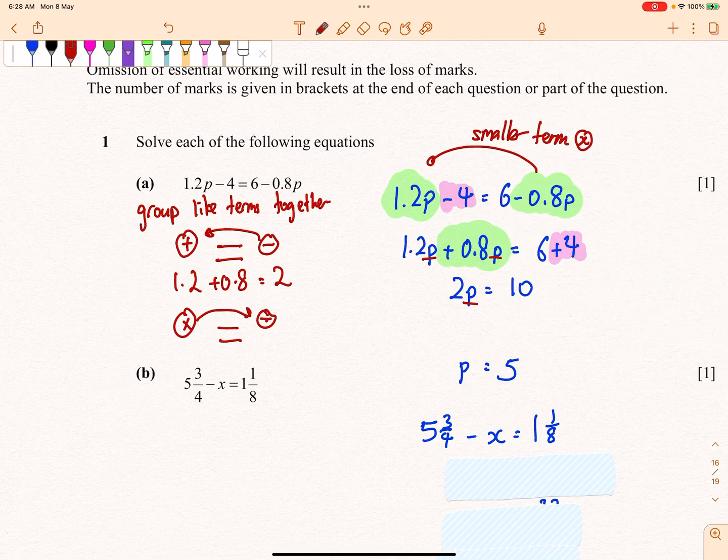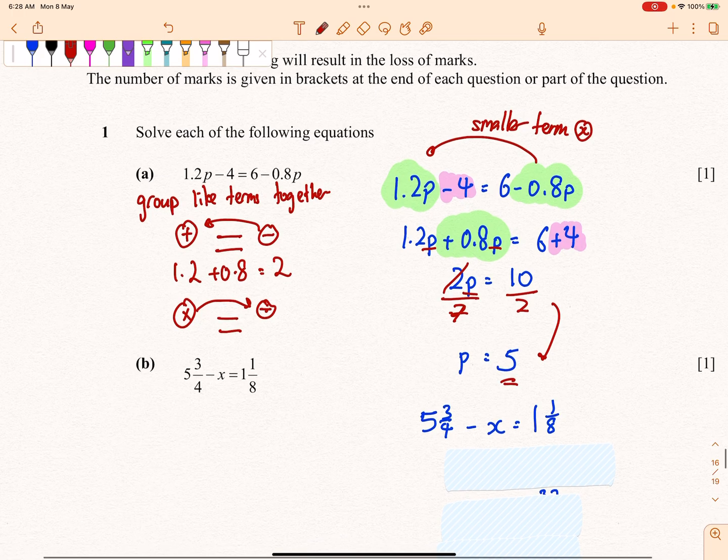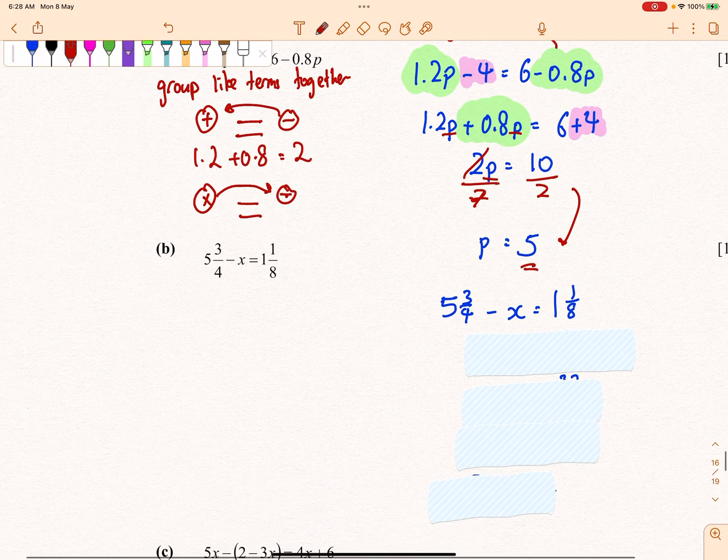I want to remove the 2, so I divide both sides by 2 and cancel them away. 10 divided by 2 will give you 5. Okay, now let's go on to the next one.